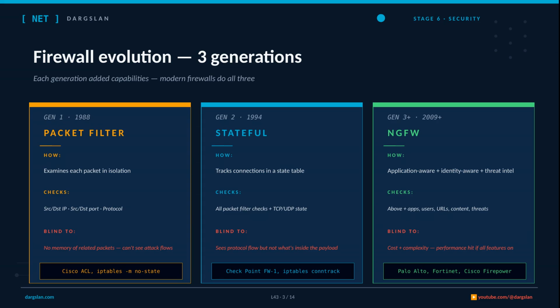And from around 2009 onward, next-generation firewalls layered on application awareness, user identity, and threat intelligence, seeing not just the flow, but what's actually inside it. The key insight: modern firewalls don't pick one. They do all three at once.